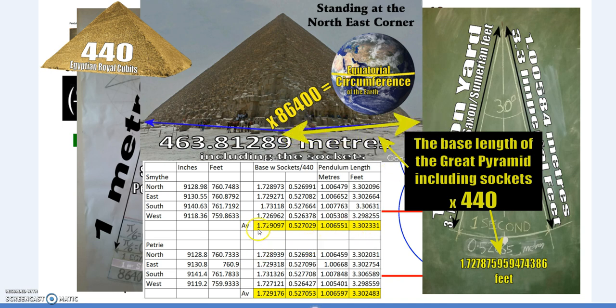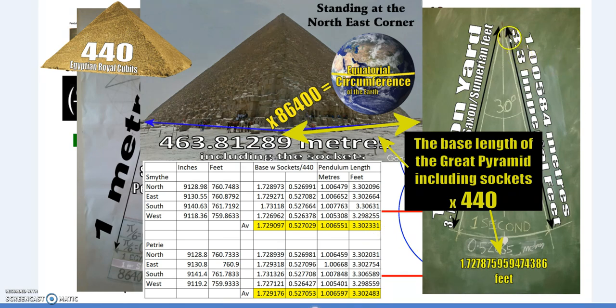Well, that would be, on average, if you use Piazzi-Smythe's measures, 1.729097 feet. Use Petrie's measures, 1.729167 feet. That is essentially this number here within a fraction.